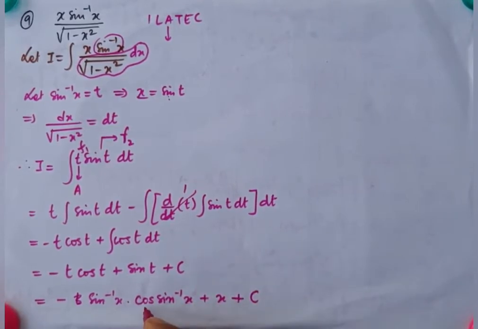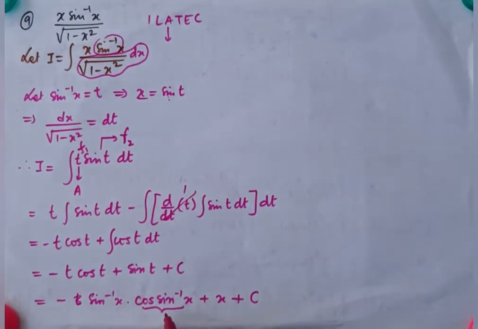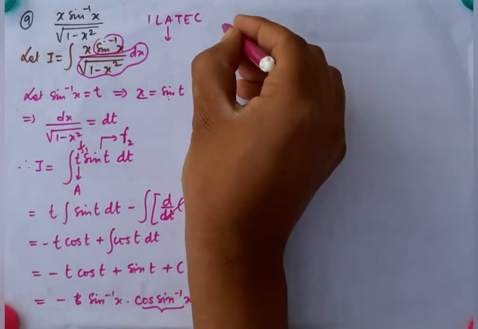Now there is a formula from inverse trigonometric function for this. If you refer to your formula book, from the inverse trigonometric function chapter, this is equal to, so let me write it here.